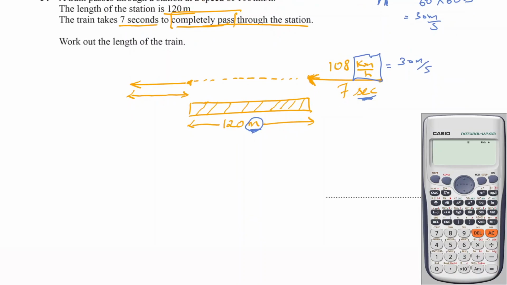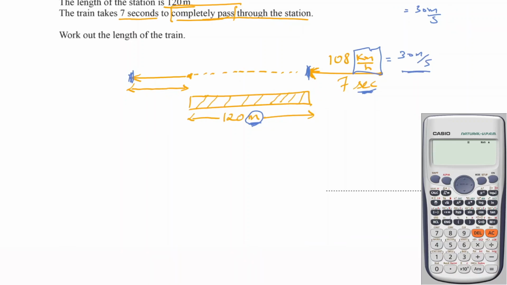So the train starts from here, and in 7 seconds the head of the train reaches here, and the speed is 30 meter per second. It is converted into meter per second. So what will be the distance actually traveled by the train from here to here, right? You know that distance equals speed into time.